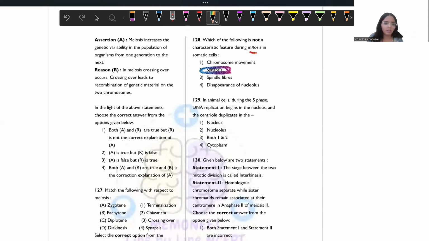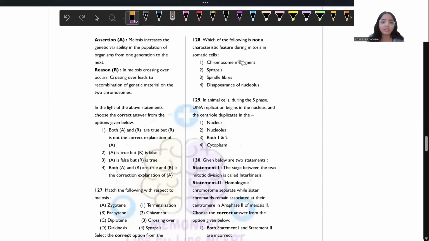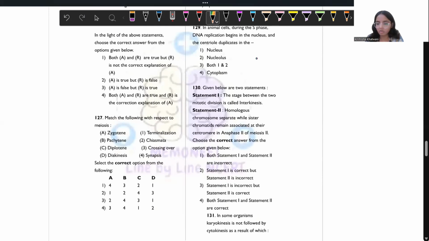In mitosis, there is no pairing of homologous chromosomes occurring, so that is wrong. So the answer is option 2. There are some questions like this in which you don't have to read the other options; just one option will be blatantly wrong. Let us see another question.